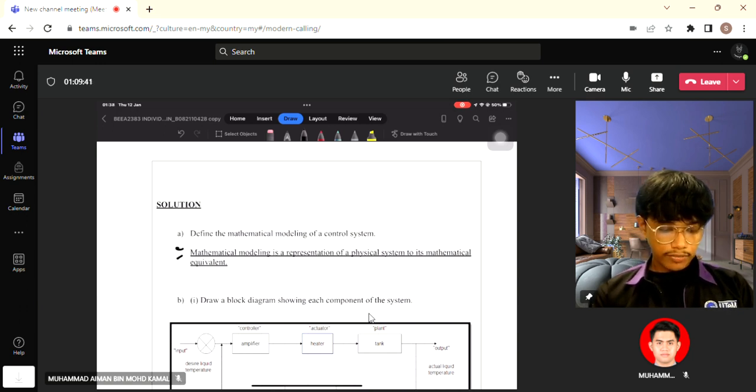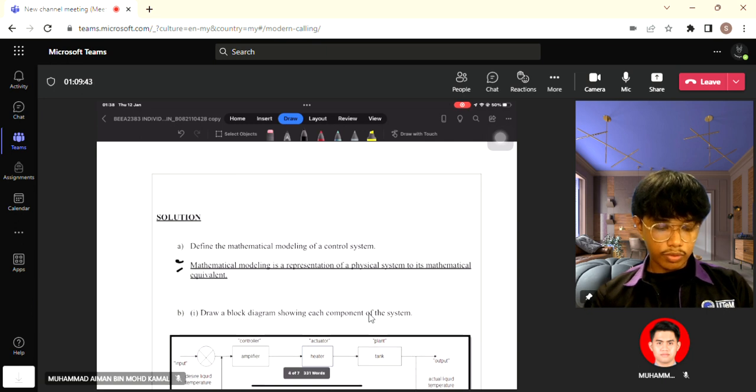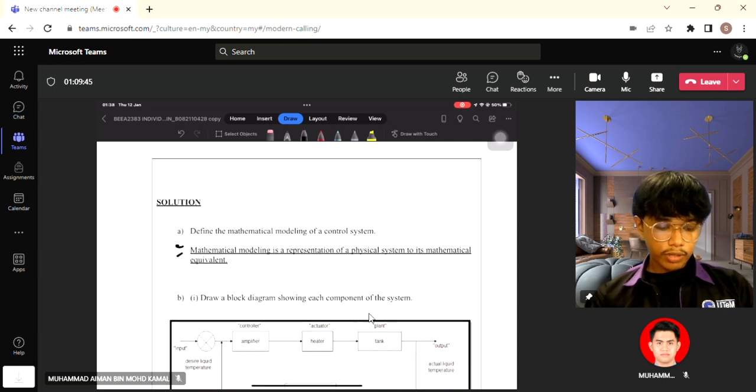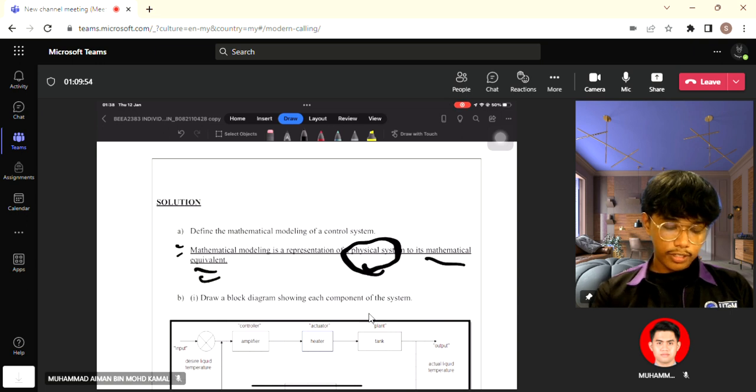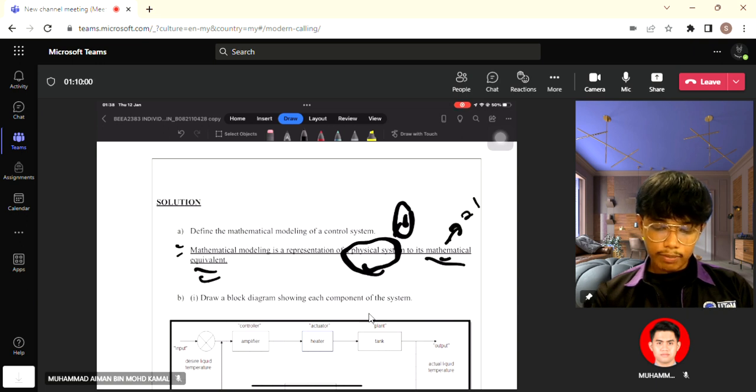So the answer is: mathematical modeling is a representation of a physical system to its mathematical equivalent. The keywords here are, number 1, physical system, and number 2, mathematical equivalent.